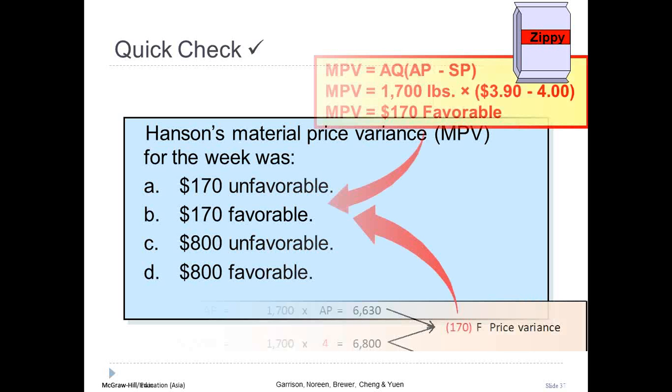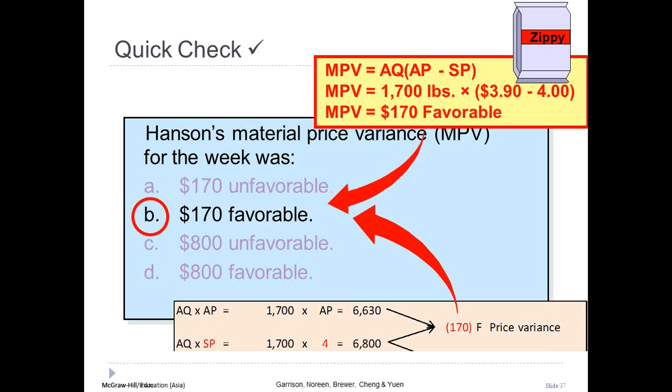We find the actual price per pound by dividing the $6,630 total actual price paid for the material by the 1,700 pounds purchased. The $170 favorable material price variance results because Hansen paid 10 cents per pound less than standard for 1,700 pounds of material.